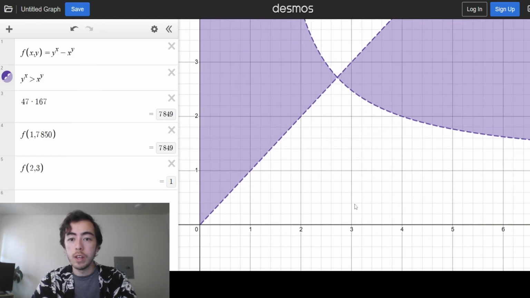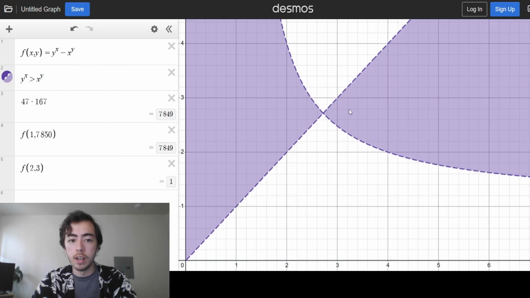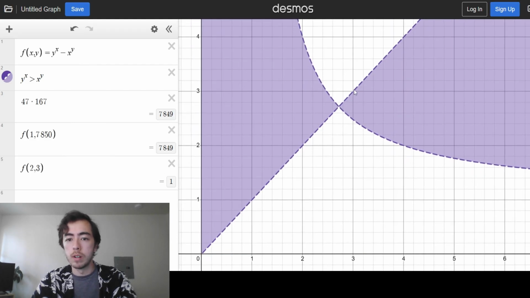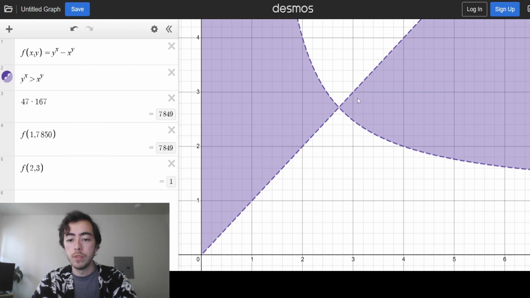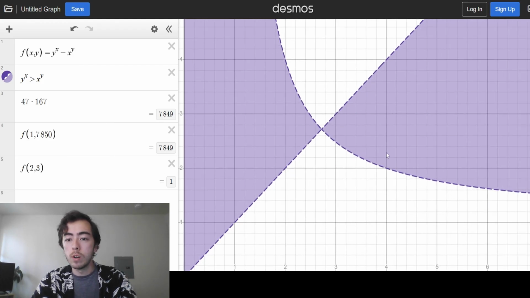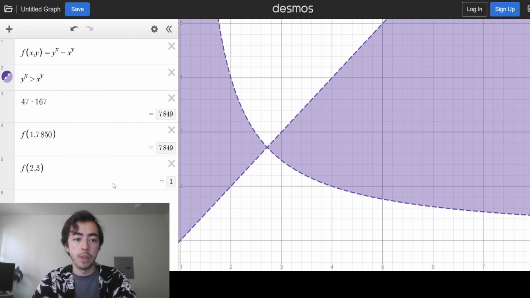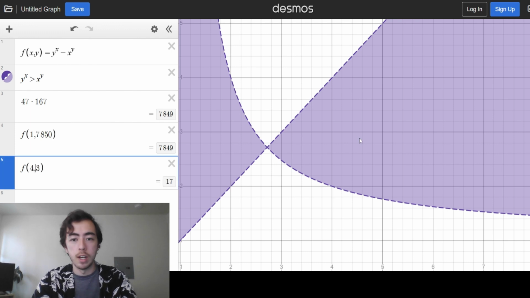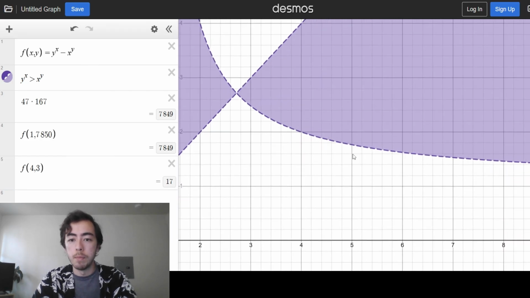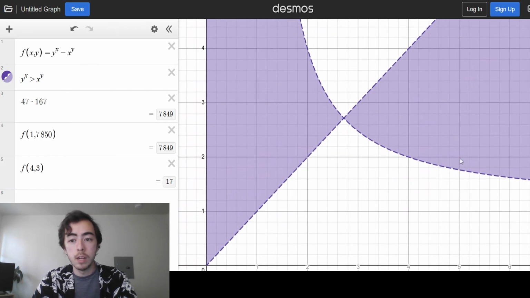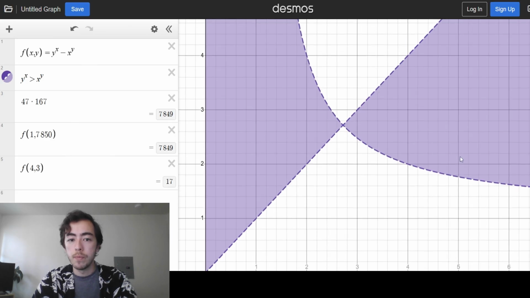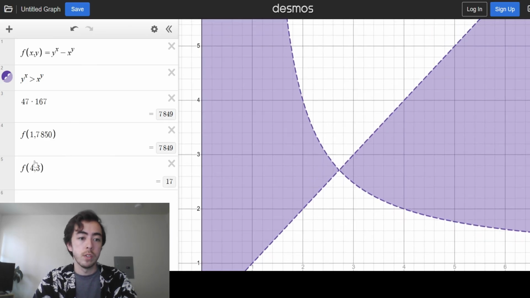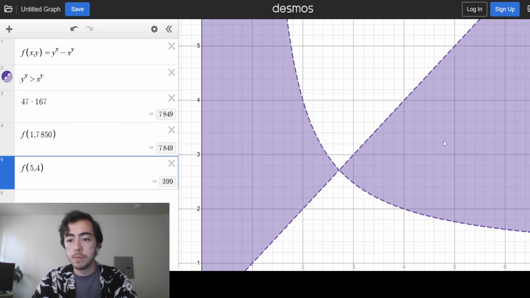Looking at the 3 column right here, it doesn't look like I have any whole number spots in my inequality, so I can skip it. 4 just has this whole number 3, so I could try plugging in a 4 comma 3, that's 17, not 7,000. 5 looks like it has some candidate numbers, like I could plug in this 2 or this 4, so we could try that. 5 comma 2 is way too low. 5 comma 4, still too low.